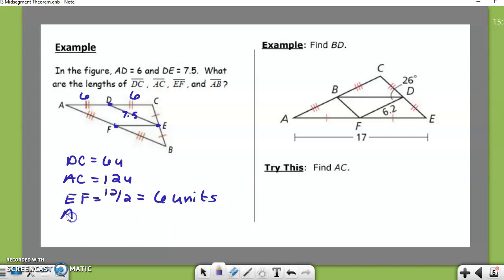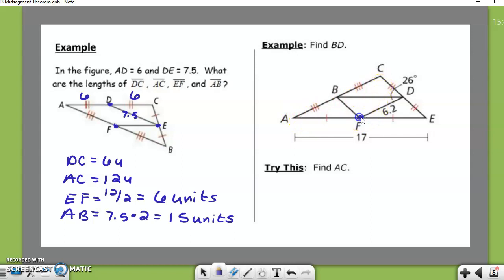And then the length of AB. Well, if this is 7.5, and that is a mid-segment, and AB is the side that's parallel to DE, it's going to be 7.5 times 2, so it will be 15 units. Okay, we're going to look at this one. We're trying to find the length of AC.